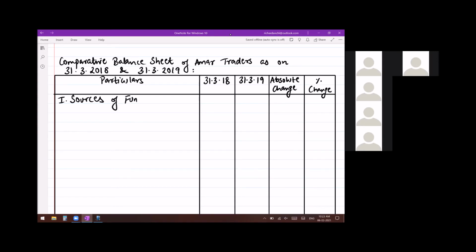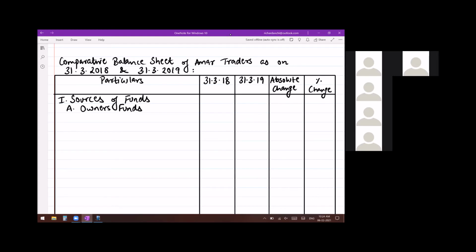Only 2 sources: one is the owner's funds and one is borrowed funds. So write down A, owner's funds. Owner's funds itself has 2 parts.